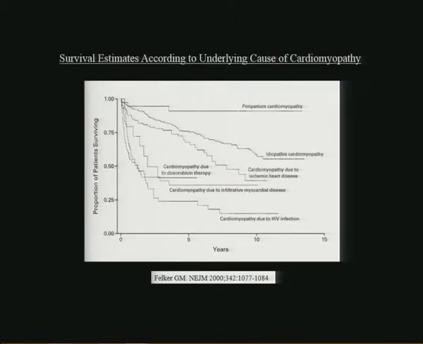This is a cartoon or a depiction of survival rates from the pre-antiretroviral era in the West, showing that HIV-associated cardiomyopathy was the worst form of heart muscle disease one could get. When you looked at the multiple etiologies of cardiomyopathy, the death rates were steep, and survival out to 10 years was actually quite rare.